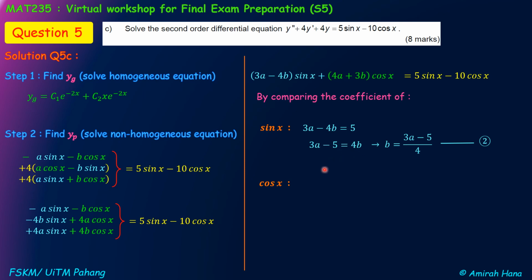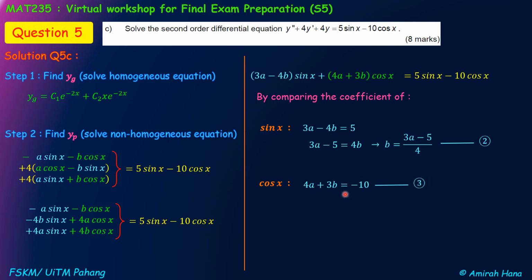After we compare the coefficient of cos x for both sides, we can write 4A plus 3B equals negative 10. Then we name it equation 3.